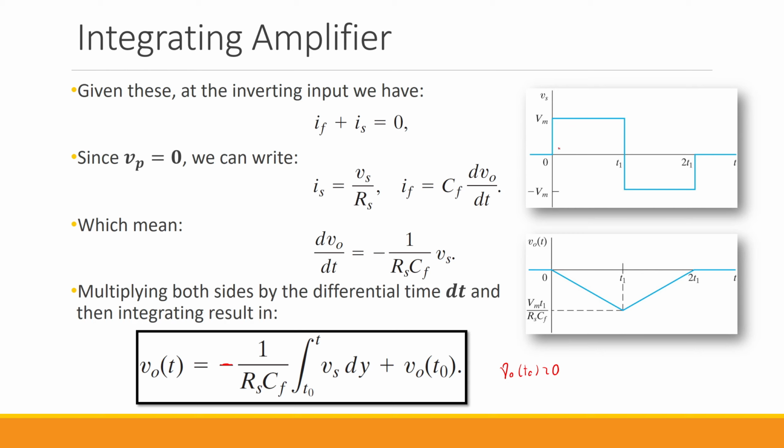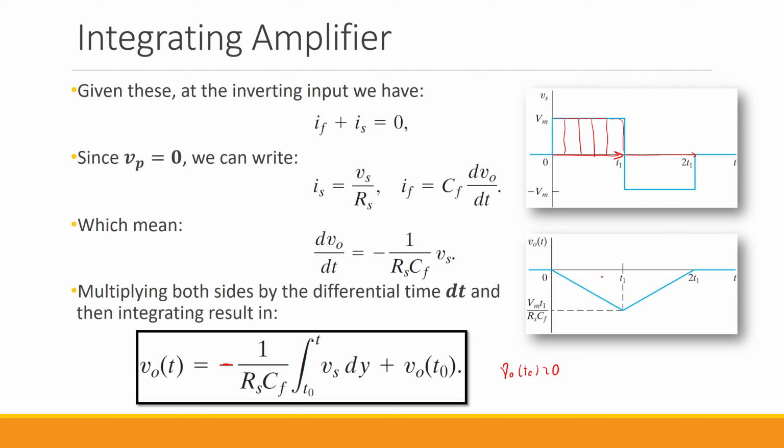As time passes, we are having a positive value for the integral, or the area under the curve, and this area grows when we go from t0 to t1. But after t1, the area under the curve starts to decrease because we have this positive part and this negative part.